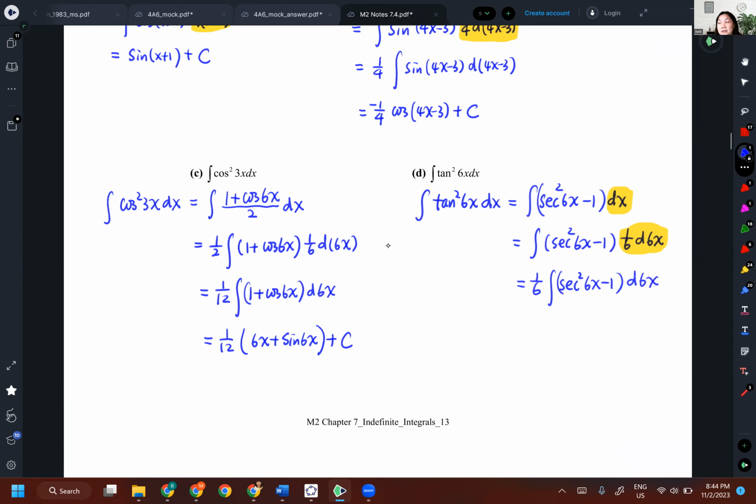Remember that here it's secant u square minus 1 du. And then it's 1 over 6, tangent u minus u plus c. Is that okay? If you have no problem, you can work on the classwork and let me know when you're done.